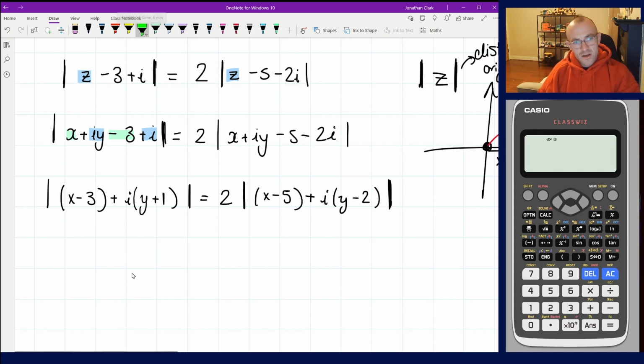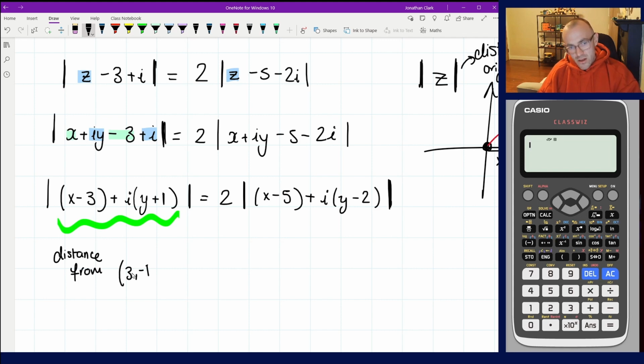So this thing over here is going to be looking at the distance from the coordinate on the Argand diagram 3, minus 1. Something else that you can link it to, which might be useful, is the idea of a circle equation. When you have the center of a circle, you can work it out by reversing the signs in those brackets.